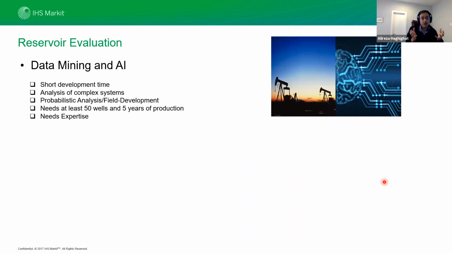This is now getting very practical. Why? Because data is becoming more and more available. So the main building block for using artificial intelligence and machine learning to evaluate the asset is data. You need to have well data. And for well data, you need a lot of attributes, well information, sensors, gauges, and more wells.